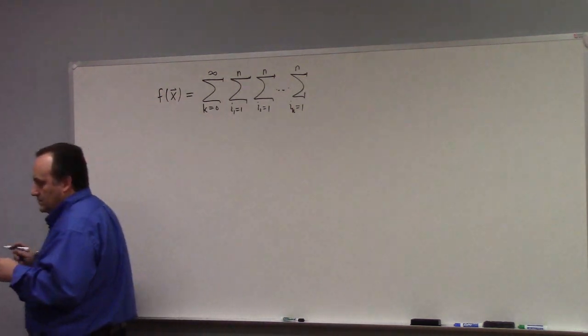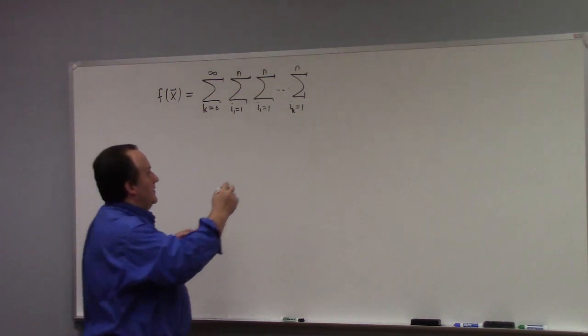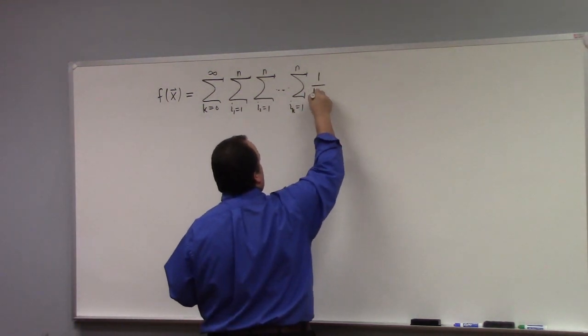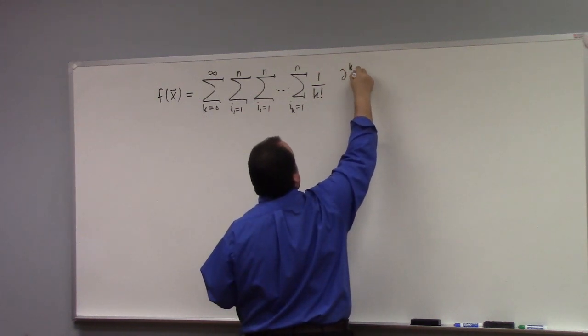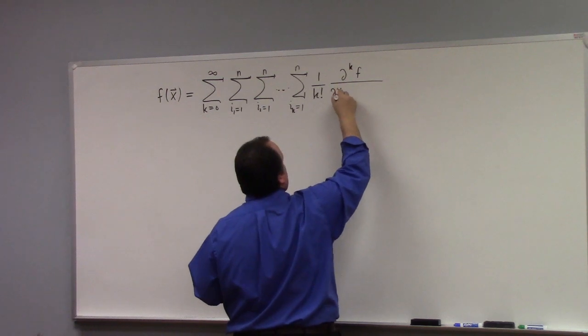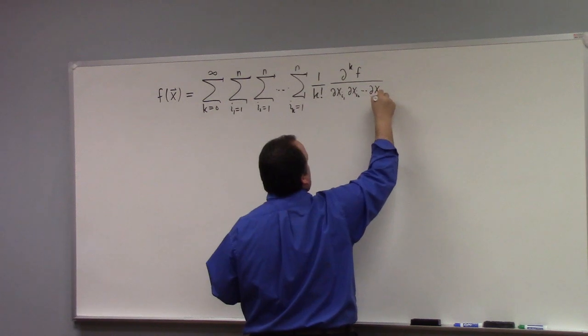I got to check myself on the factor here. Yeah, it's just k factorial. There's various ways to write this formula. So 1 over k factorial, and what we're looking at is the kth derivative of f, partial xi1, partial xi2, partial xik.